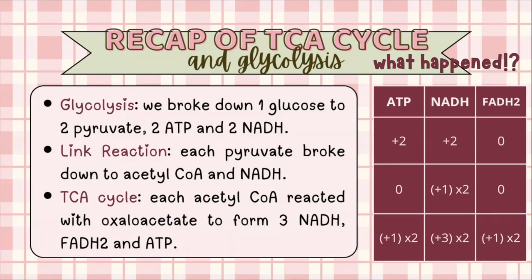Okay. So before we get into this topic, let's just have a general idea of what happened in the three processes before it. So in glycolysis, we broke down one molecule of glucose to form 2 molecules of pyruvate, 2 molecules of ATP, and 2 molecules of NADH.